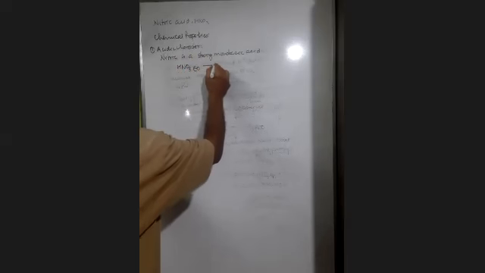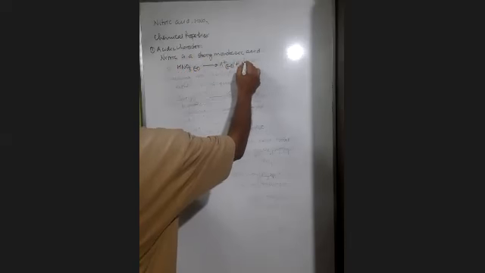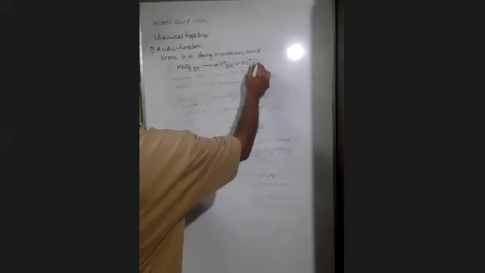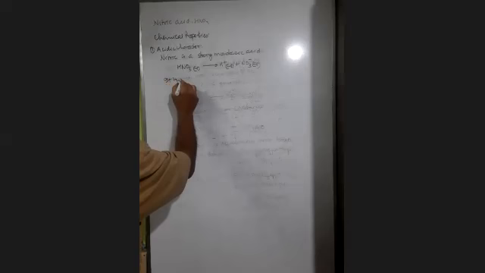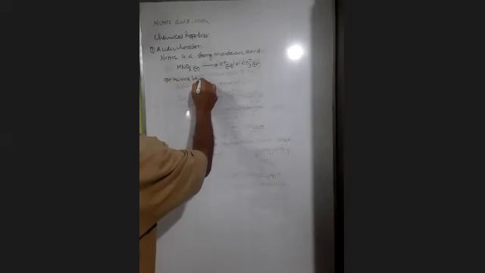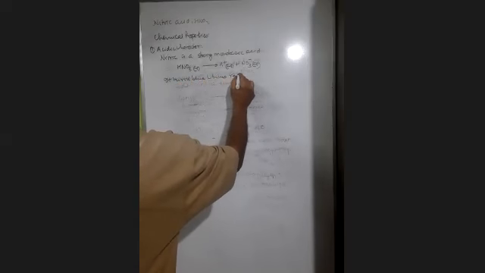What does it mean? Monobasic acid? That is, it gives only one H plus ion. See here. HNO3 aqueous will give you H plus aqueous and NO3 minus aqueous. It turns blue litmus red.